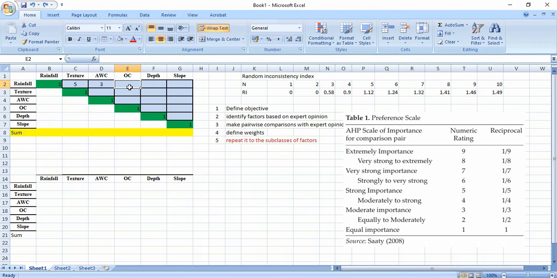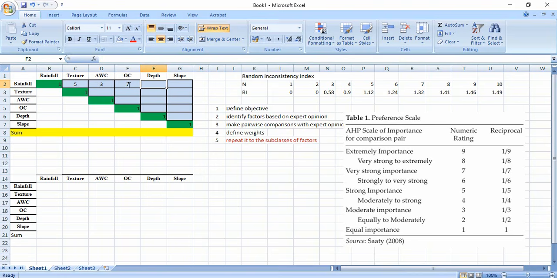Then between rainfall and organic carbon, suppose it is 7, means rainfall is very strongly important than organic carbon. Then suppose there is depth. So it will depend on your objective. So since you are defining suitability for sorghum, then depth will not be that much important and rainfall is more important.